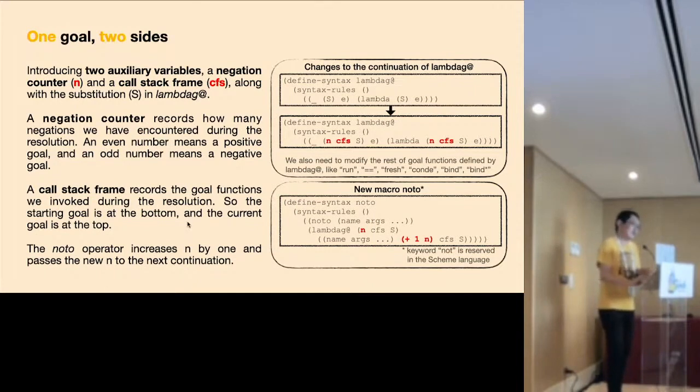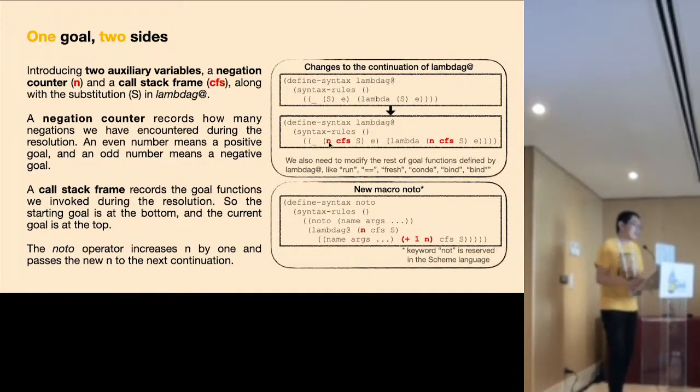Later we will see it. But before that, we heavily modified the lambda g-add, the goal function. We need to introduce a negation counter to count how many negations we encounter, because the negation of the negation, a double negation, means positive, right? This is the purpose of the negation counter.